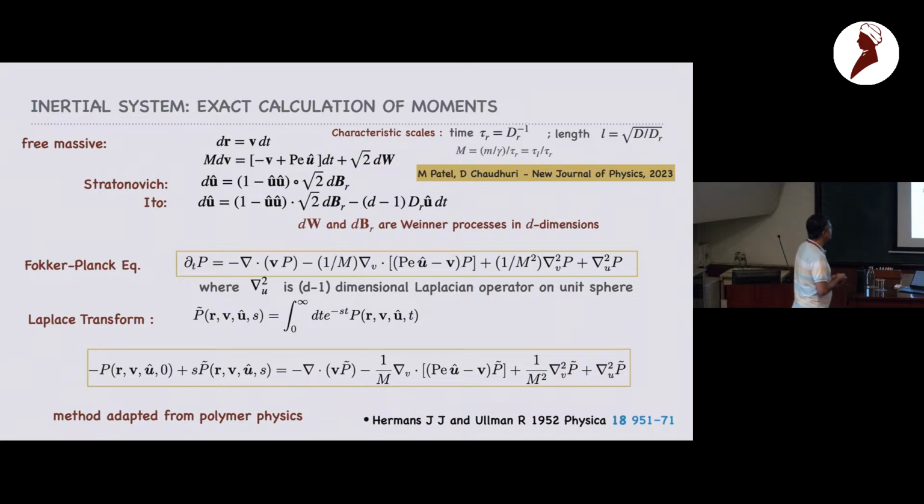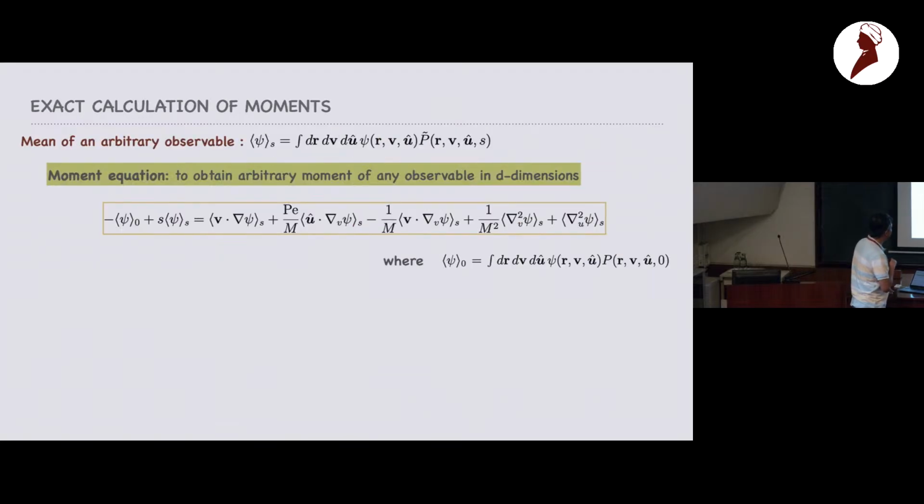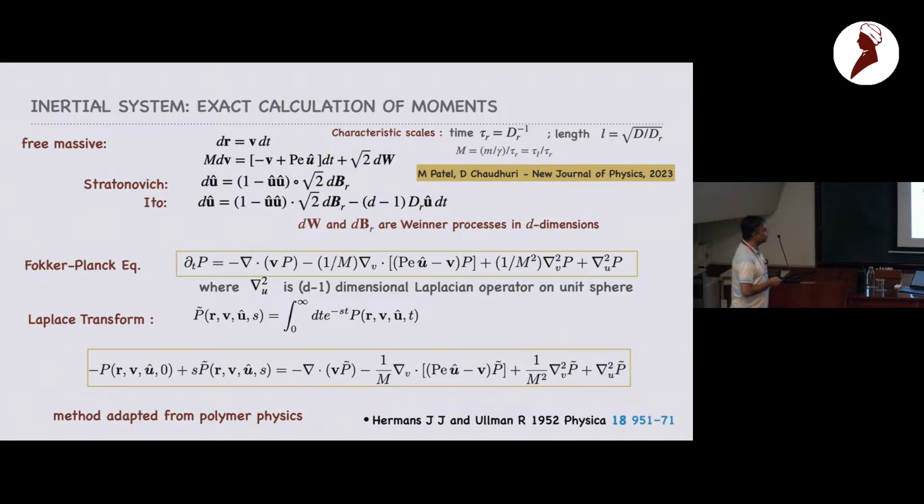Then one takes this and performs a Laplace transform of these equations. The framework is exactly the same; you just add the harmonic term there. First I'll show you the results for the free particle, and then I'll show you the results for the harmonic trap.